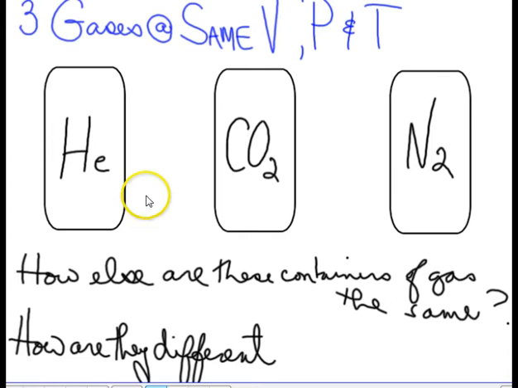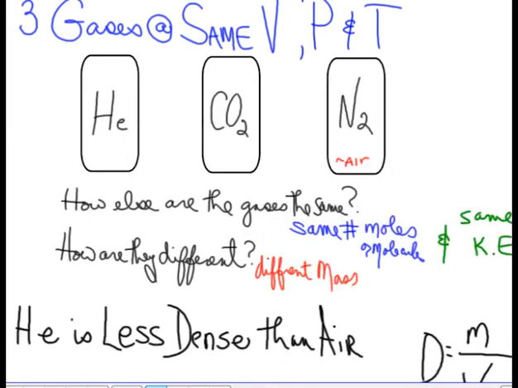So if each of these contained 1 mole of helium, 1 mole of CO2, 1 mole of nitrogen, then what would be different? Hopefully you said mass. And if their volumes are the same but their mass is different, what impact will that have on the density? You guessed it, helium is less dense than the other two.